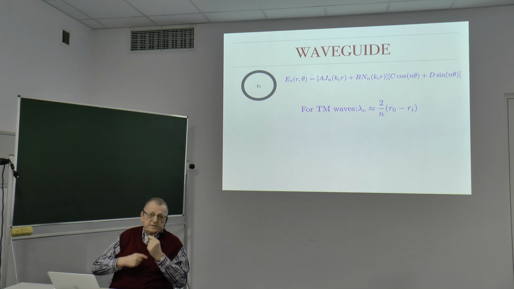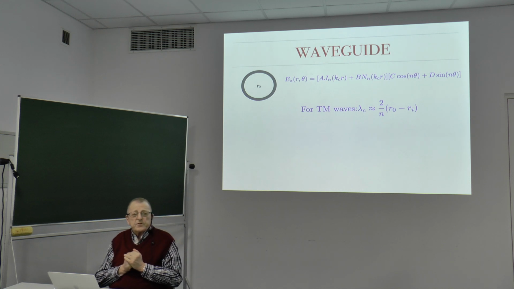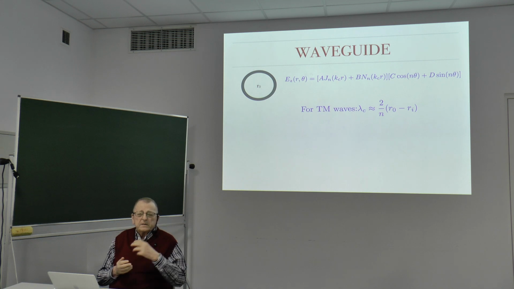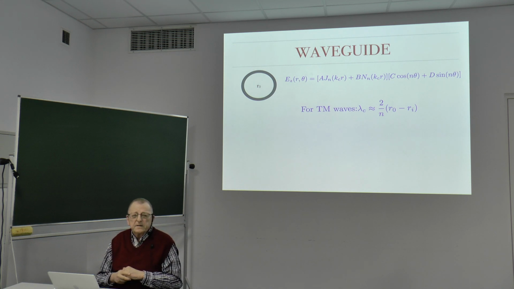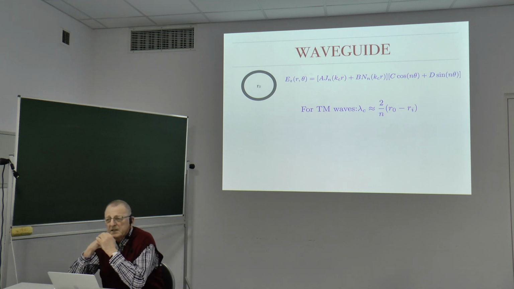I could have used this expression on my previous slides not in the k-omega space, but in the lambda-omega space. But I was too lazy to write an additional slide, so I only use one.